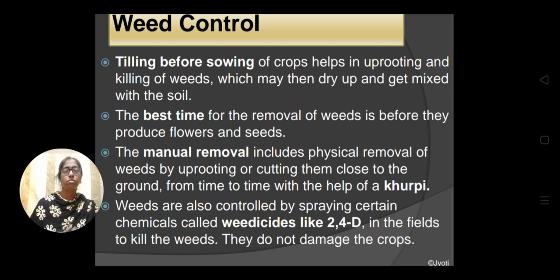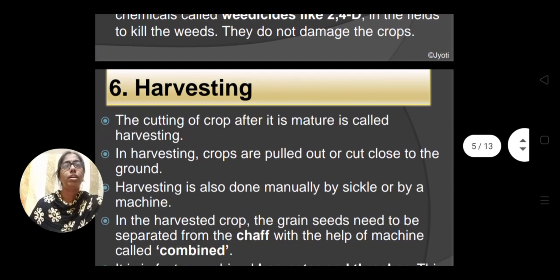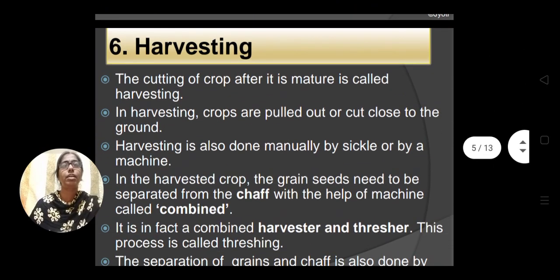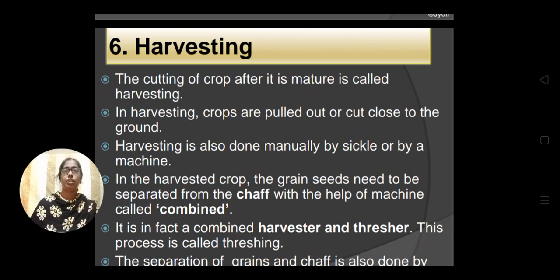For that reason, we have to wash the fruits or vegetables or grains before using. Okay.